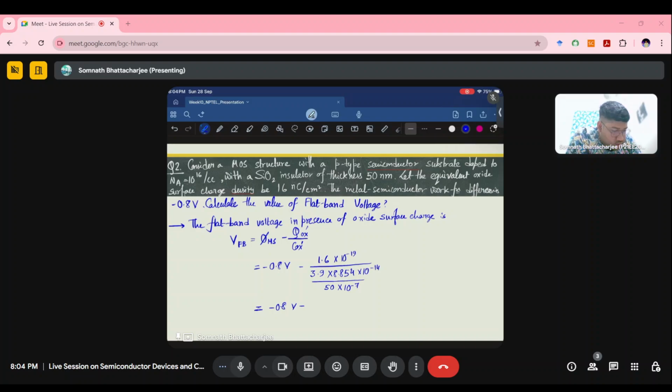This is 1.6 multiplied into 50 into 10 to the power of minus 19, multiplied into 10 to the power minus 7, divided by 10 to the power minus 14, divided by 3.9, divided by 8.854.